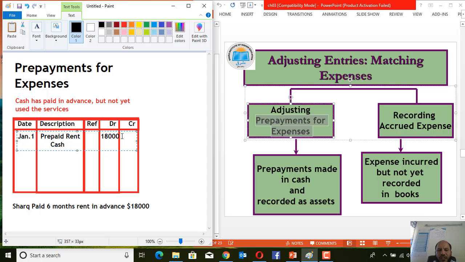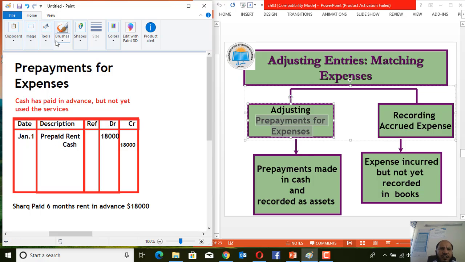We paid the cash. So this cash is equal to how much amount? 18,000. So this is the first record that we have recorded the transaction over here. Which transaction? The transaction that we paid money in advance.